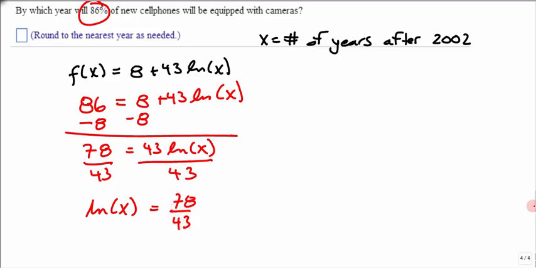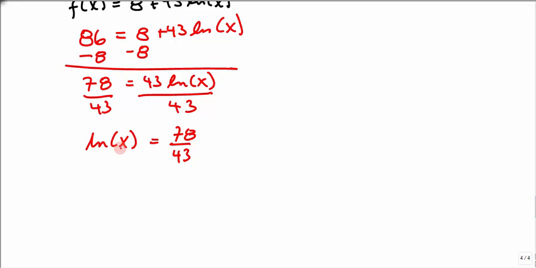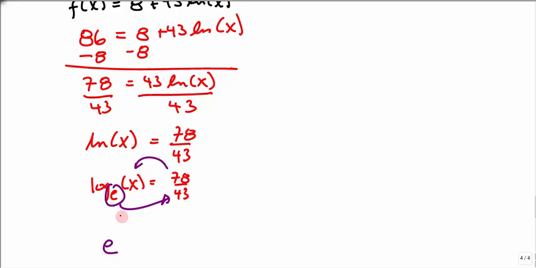Now remember, we don't want to know what ln of x is, we want to know what x is. So remember, ln of x is log base e of x equals 78 over 43. So if this is my base, this would be my exponent, and I could rewrite this as e to the 78 over 43 equals x.